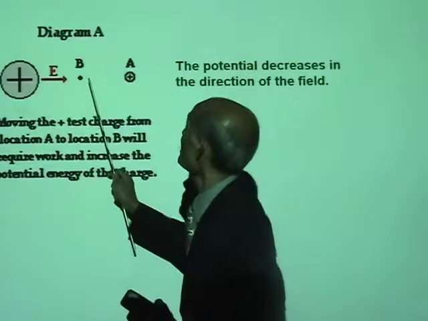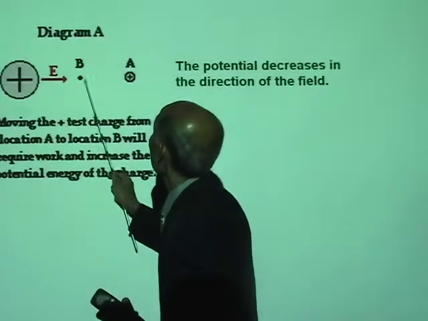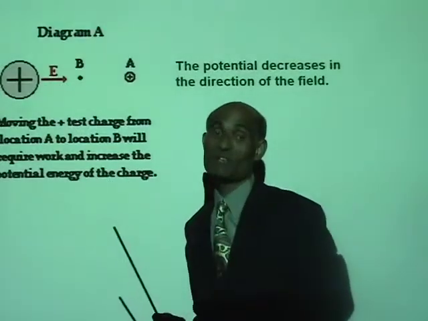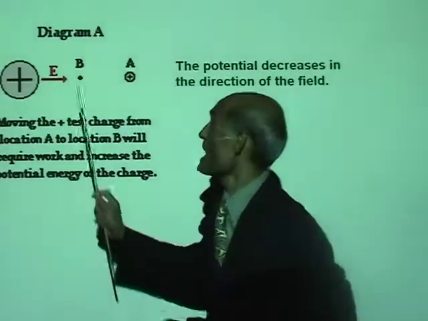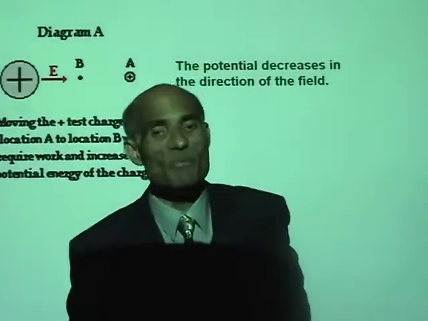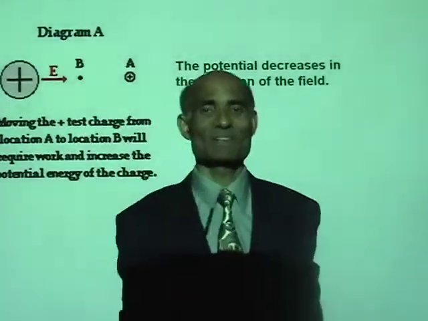An electric charge will move from a high potential to low potential. That means, another important information, the direction of an electric field is the direction of decreasing potential.